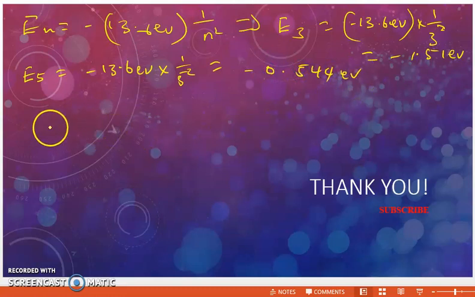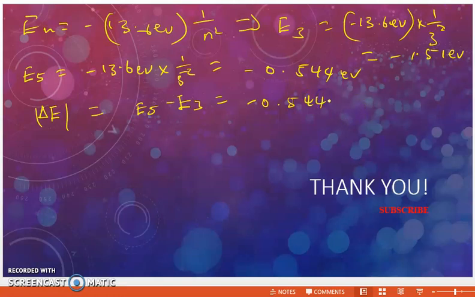So taking the difference in energy, the modulus of this will simply be E5 minus E3, which will be negative 0.544 eV, minus negative 1.51 eV, ignoring the negative sign. This will give us 0.966 eV.